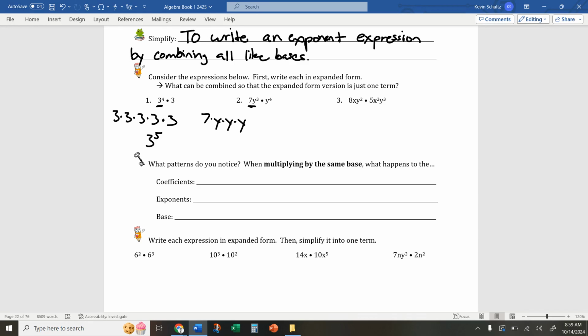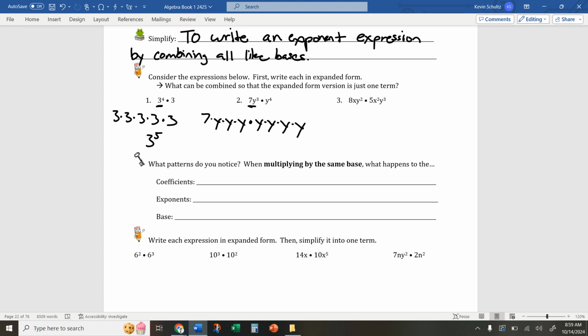And if we multiply that by y to the 4th is y times y times y times y. How can we rewrite that as one term with one base and one power? Essentially, how many y's do we have in all there? Grace. Sorry? Not 7 to the 7th. You're missing one little piece there.